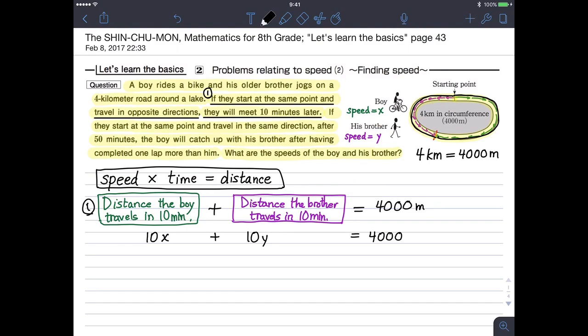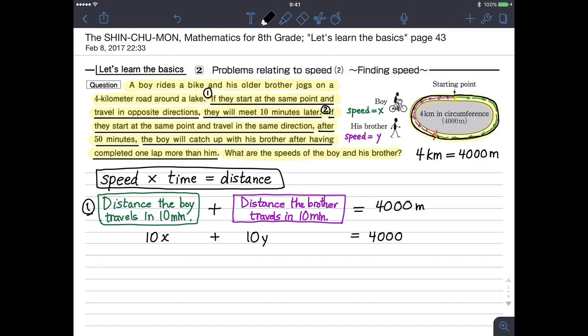Now, the second part to this is shown here. It says, if they start at the same point and travel in the same direction, after 50 minutes, the boy will catch up with his brother after having completed one lap more than him.